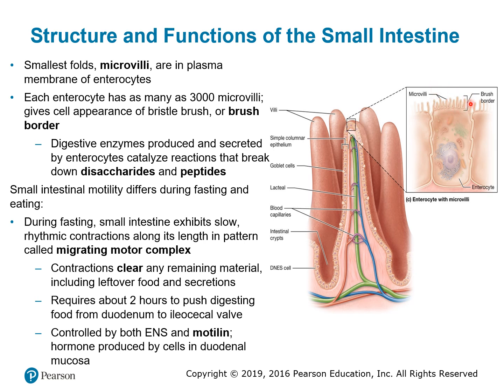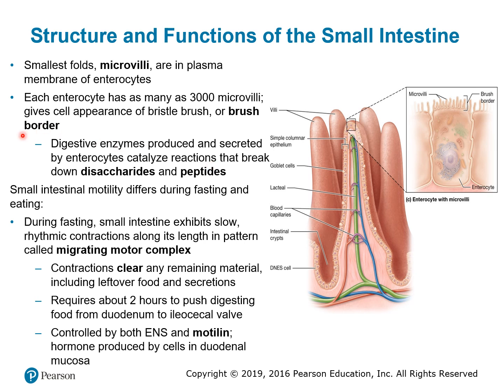This is mainly the brush border, and one enterocyte, just so you know, could have about 3,000 microvilli, which are very, very small here. And digestive enzymes are produced here. They are secreted by the enterocytes themselves, and they're here to break down disaccharides and peptides.